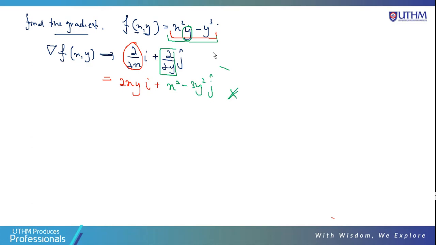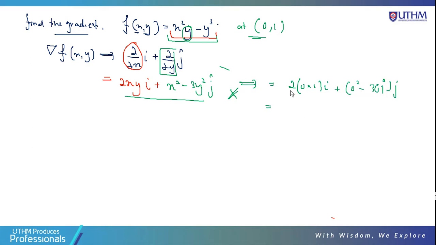gradient. Okay, the gradient. So if the question gives the point, find the gradient, let's say at (0, 1). Okay, so you need to complete here first, and then only you substitute with the point coordinates. So you substitute if they give the point, so you can get the answer: 2 times x zero times y, which is 1, i, plus x zero to the power of 2 minus 3 times 1 to the power of 2, j.